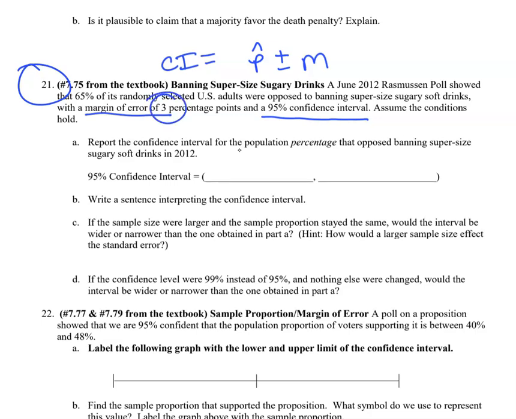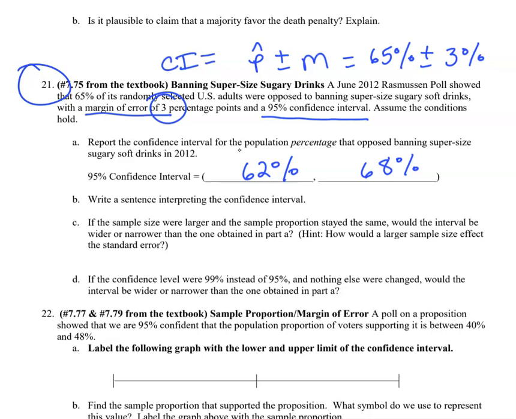So if the margin of error is 3%, that is it. Don't double it, don't do anything else with it, just use that. So you're going to do 65% plus minus 3%. So my lower bound would be 62%, my upper bound would be 68%.